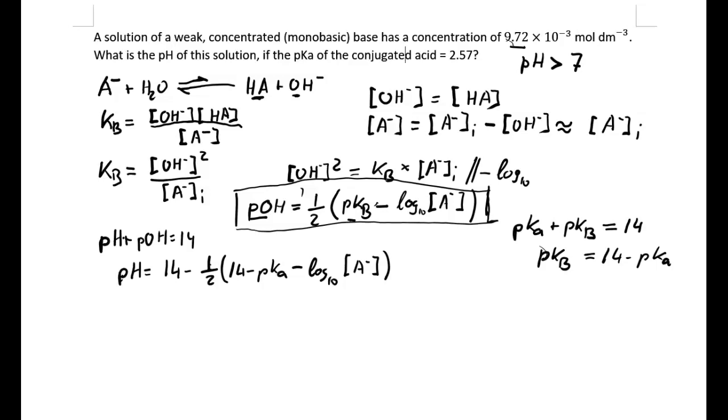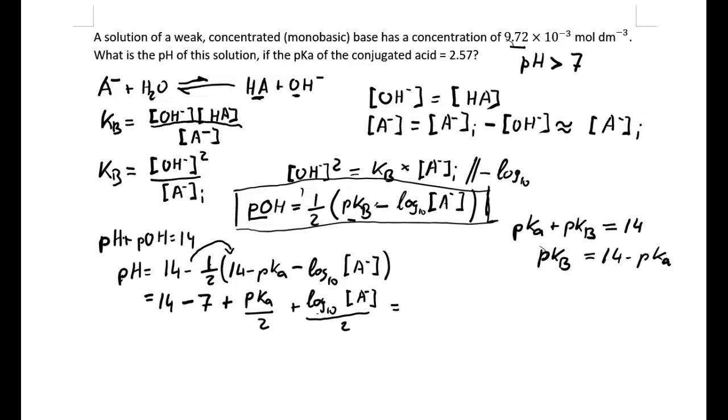So now I can start to do the calculations here. We've got 14 minus, and I can multiply this negative half into this bracket here. So that would be minus 7. Minus times minus is plus, plus pKa over 2 plus log 10 of the base again, also divided by 2.